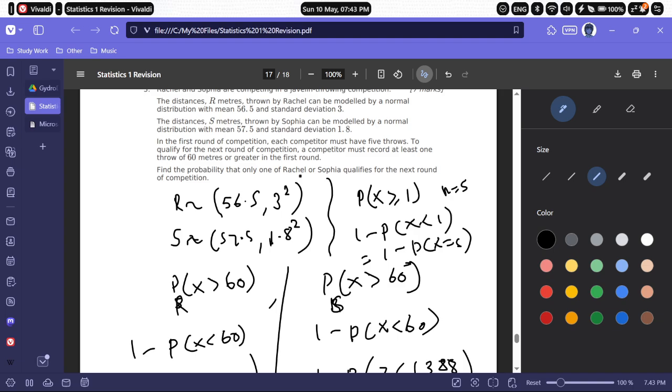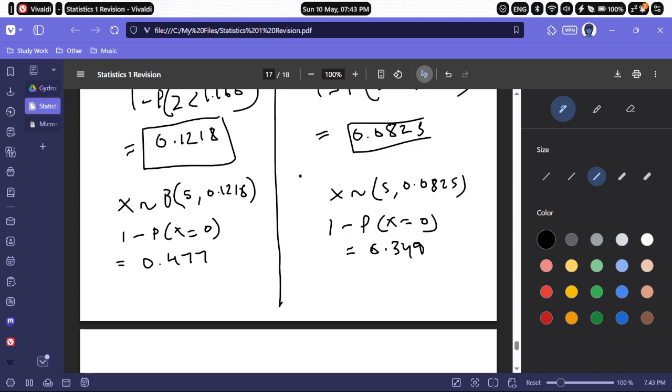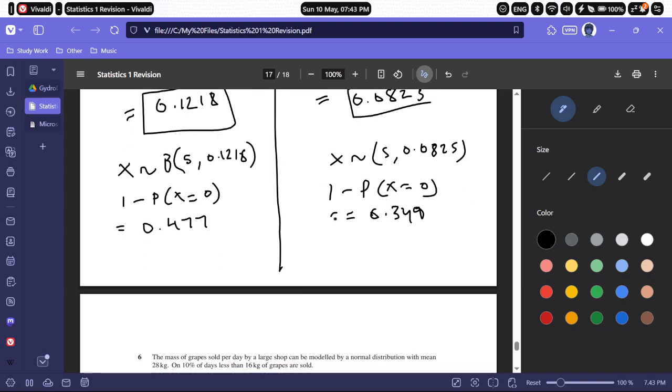Now you have to find the probability that only one of Rachel or Sophia qualifies. So it's either one qualifies and one doesn't, and these values are the probabilities that they do qualify.